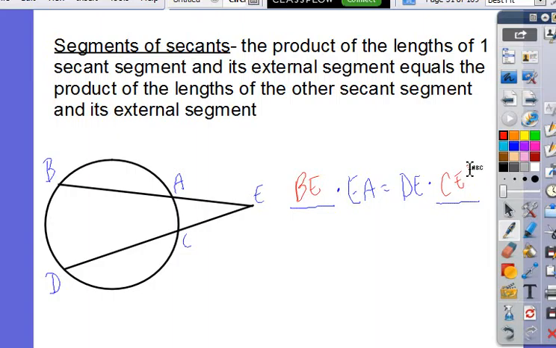Whole thing times the outside. You might want to write that down. You do that for both sides. They've got to be equal when you get done.